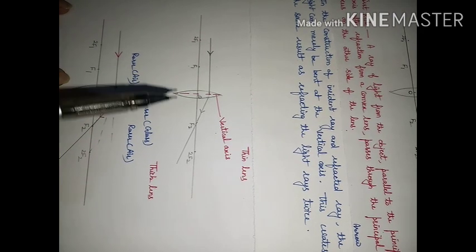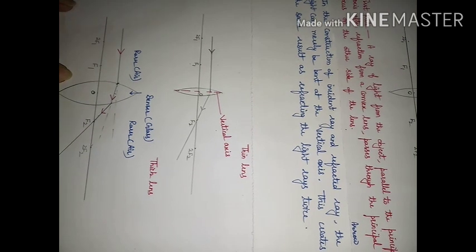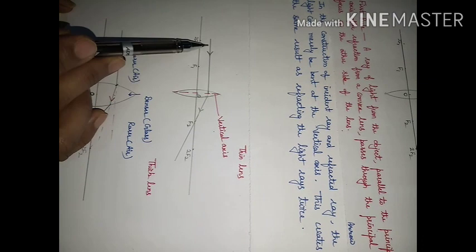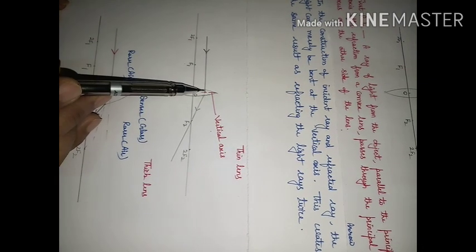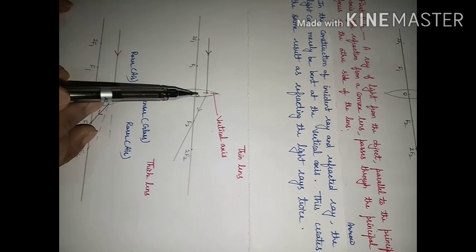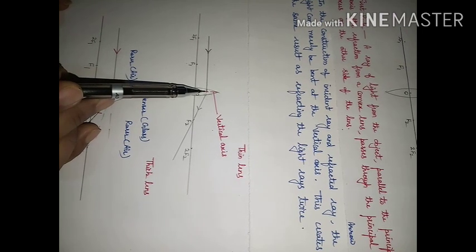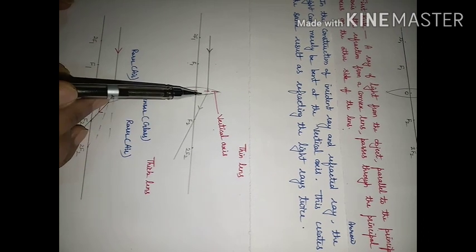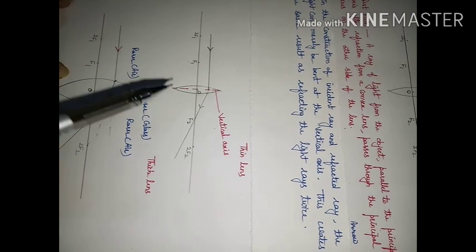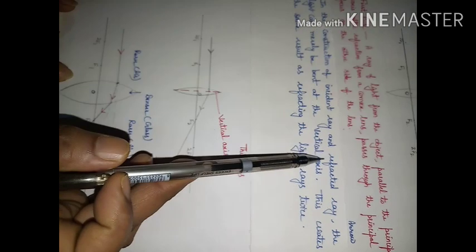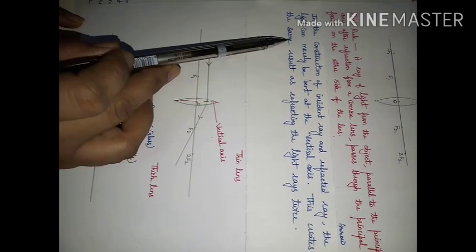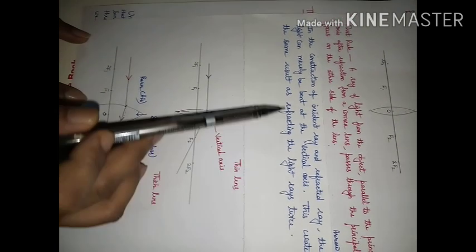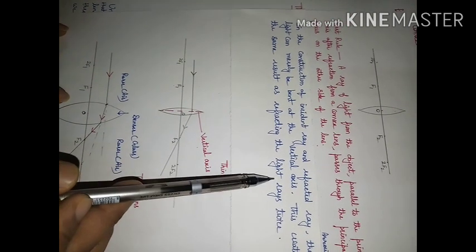So if you see the diagram in your NCERT also, they are not going to show refraction twice at this face and this face. They are considering this line to be straight like this, and then they are bending it just from the middle of the lens or this vertical axis position, because it is considered that in the construction of incident ray and refracted ray, the light can merely be bent at the vertical axis, and this creates the same result as refracting the light rays twice.